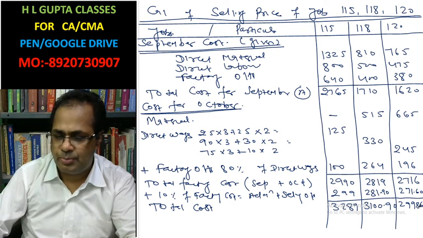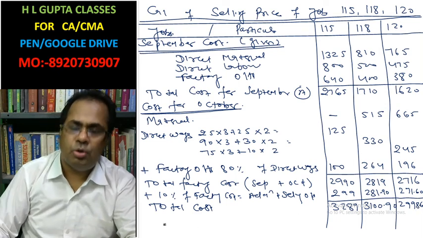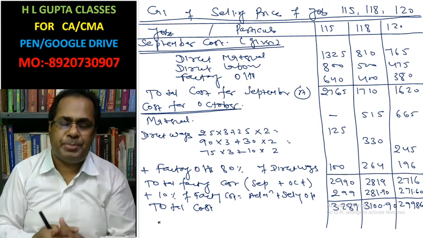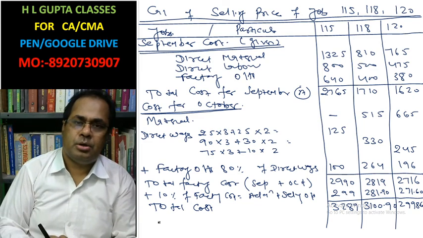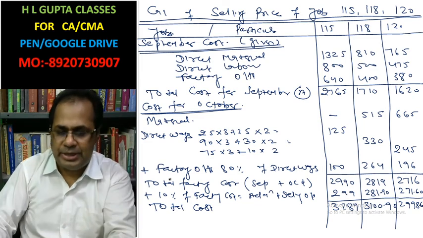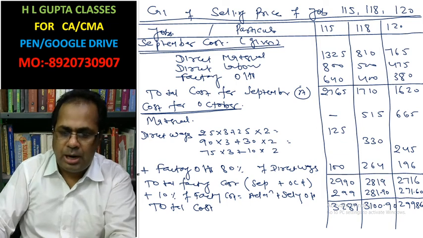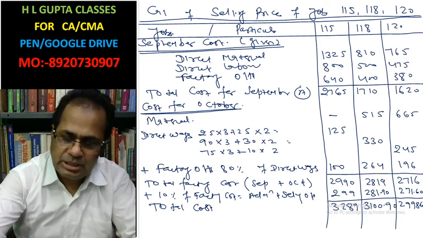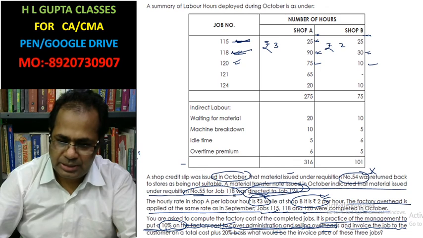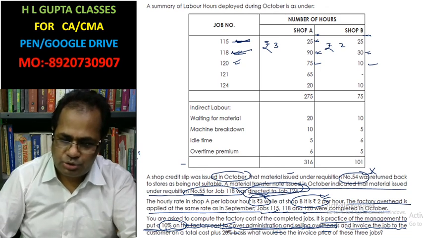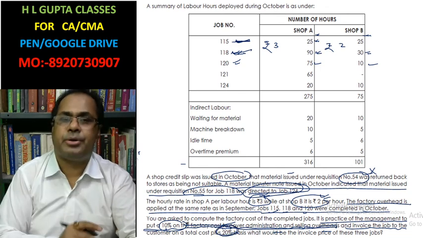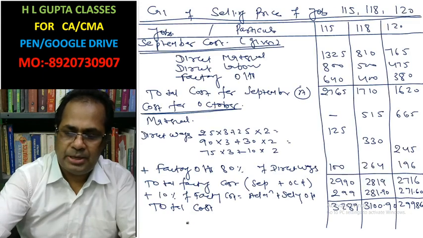Okay, and now you have to add 20% profit on the total cost. Profit is 20%. How? Because in the question it is given that profit is 20%. It is given here.